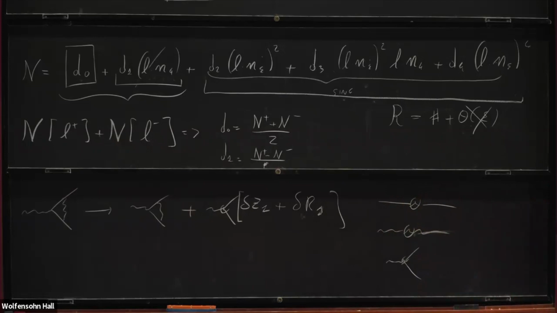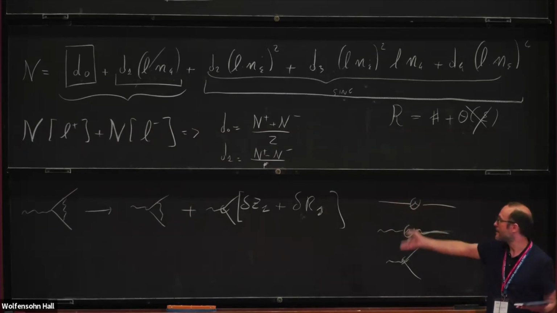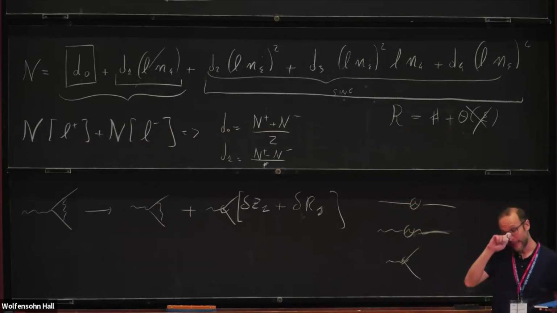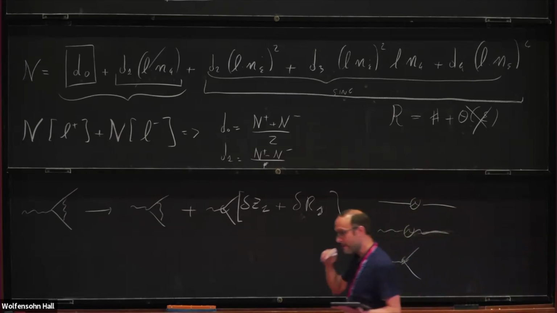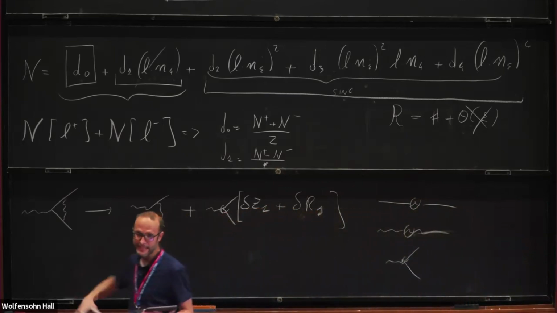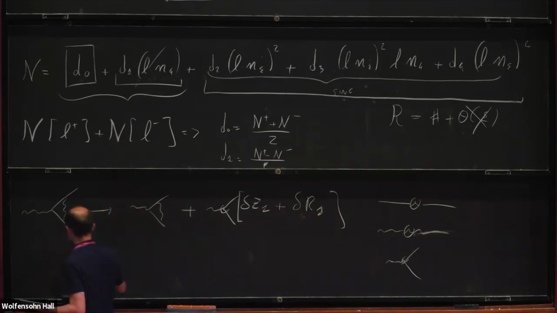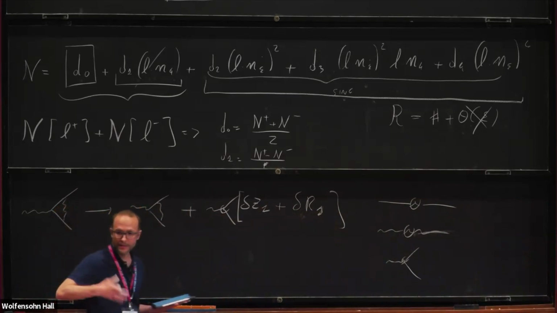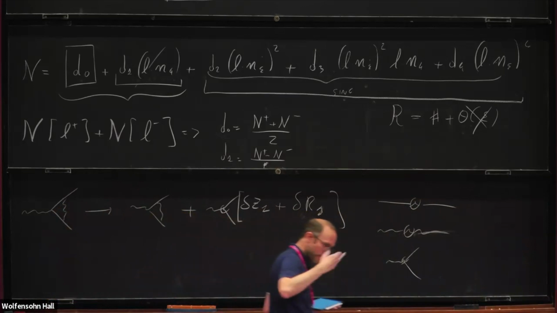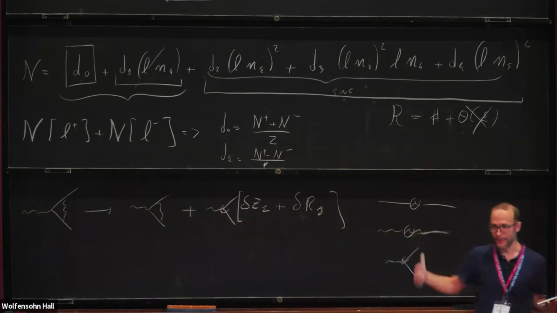What is newer is what happens at 2 loops. Because at 1 loop everything is simple, so the fact that it's a rational function is fine. It's an interesting question whether a similar structure persists at higher loops. And the answer is yes. Basically, the same stuff that you do when you do standard Bogoliubov renormalization happens here as well.